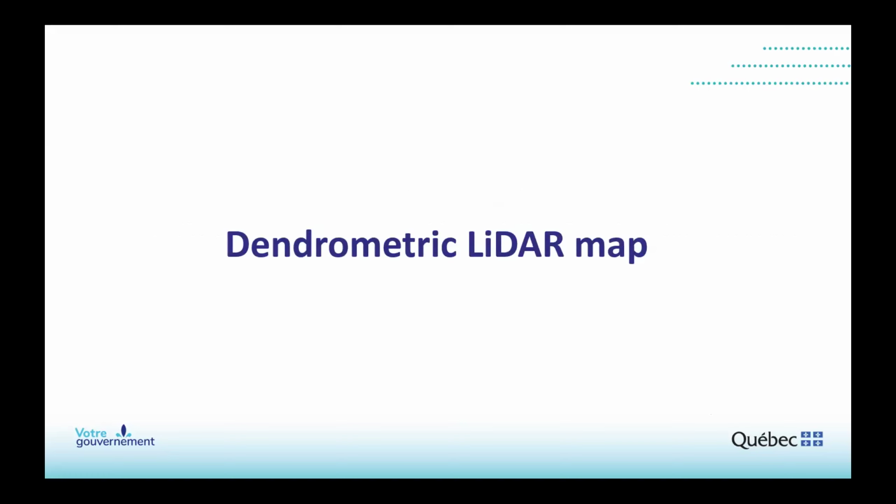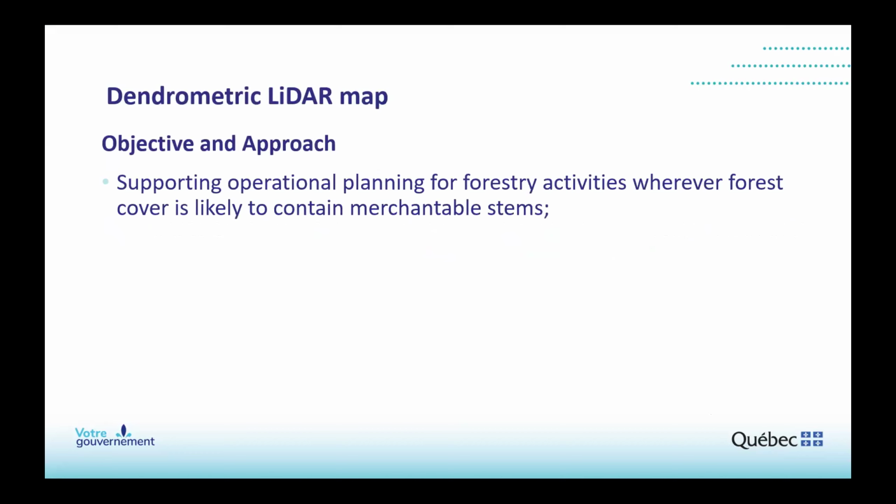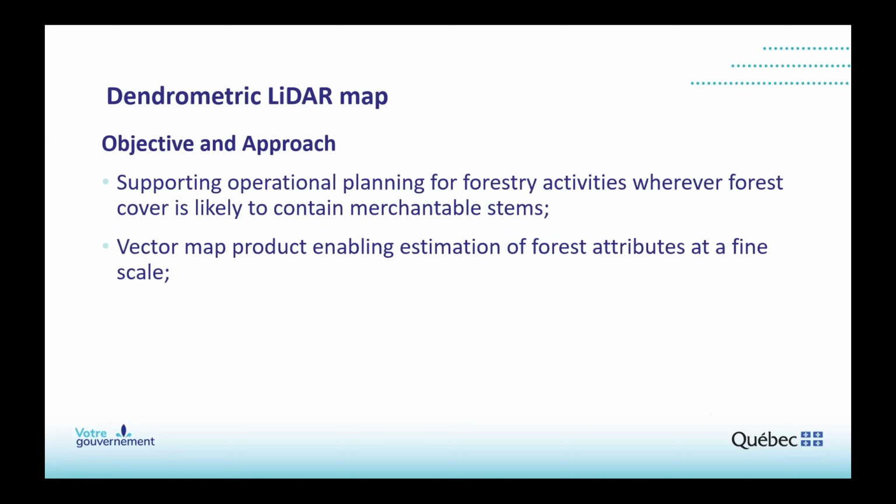So, the dendrometric LiDAR map. The objective of offering this map is to support operational planning for forest activity wherever forest cover is likely to contain merchantable stems. The output is a vector map that enables estimation of forest attributes at a fine scale.